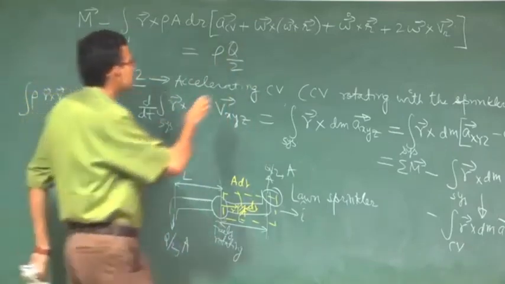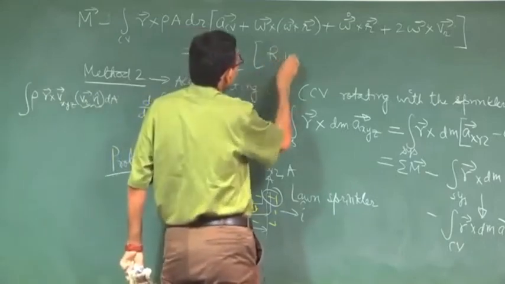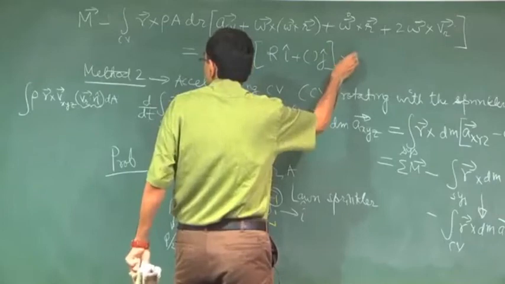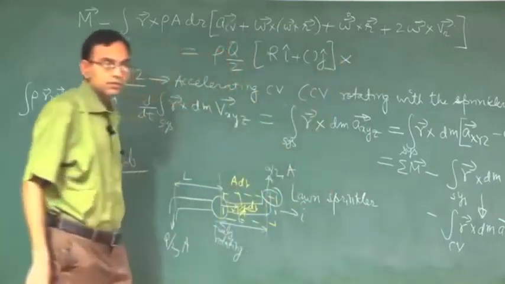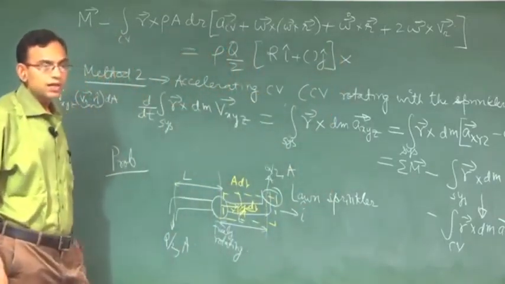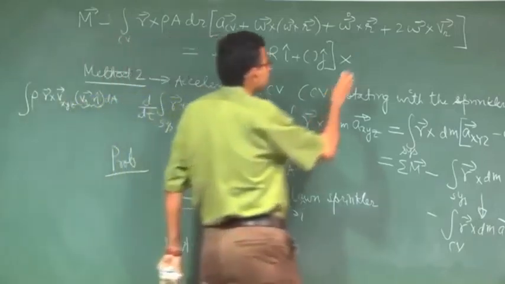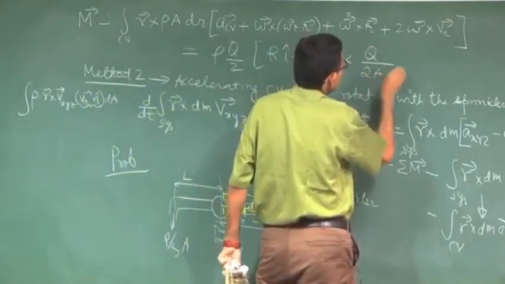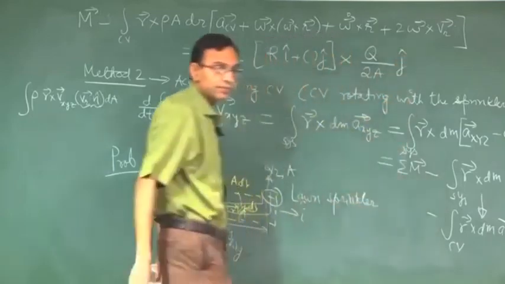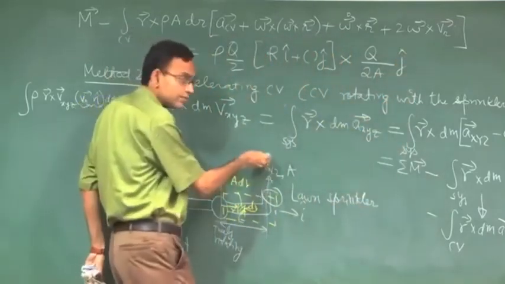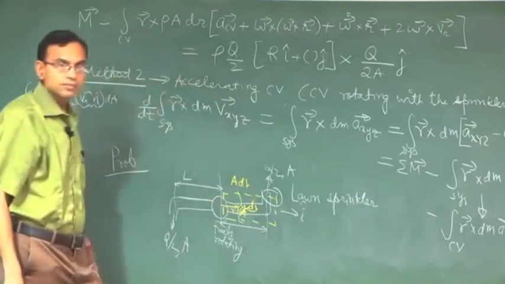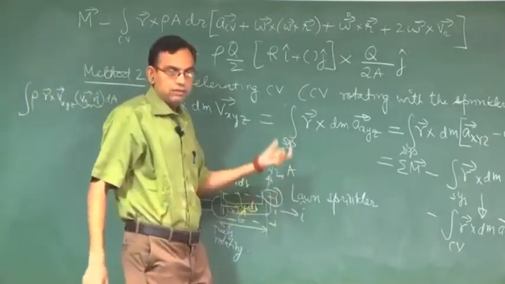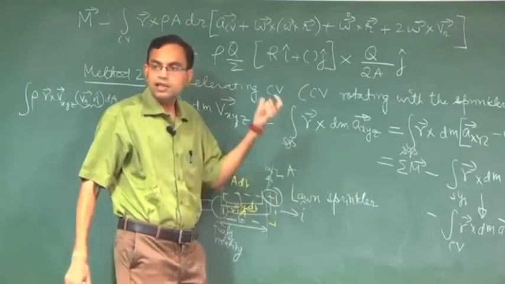So r is R i, plus that little bit of j which is neglected, cross V xyz. V xyz is Q by 2A j, the velocity at which water is coming out relative to the sprinkler.